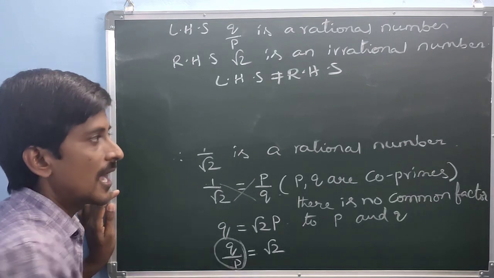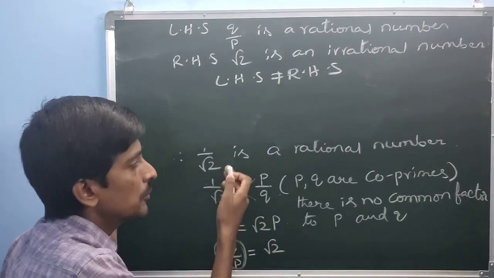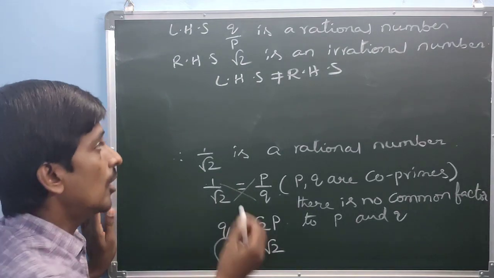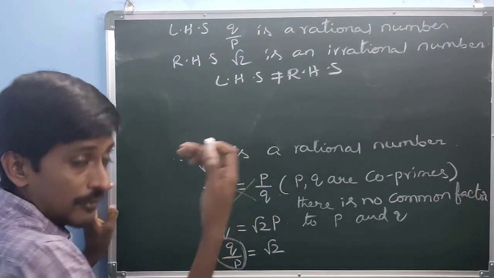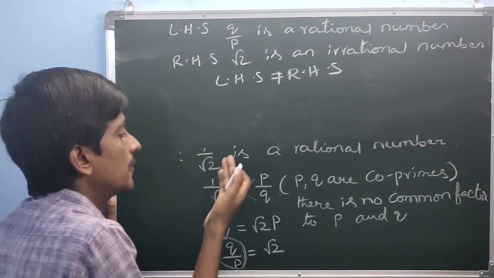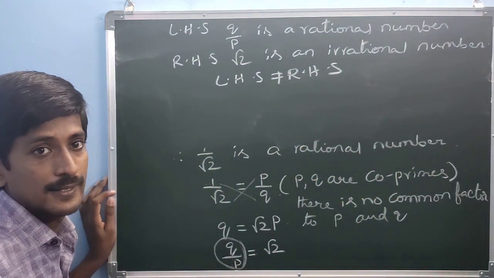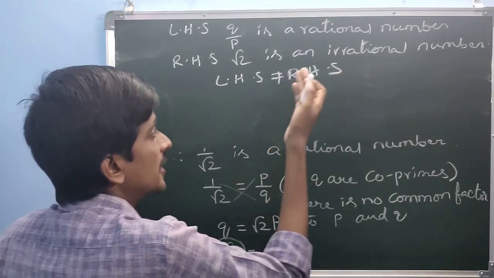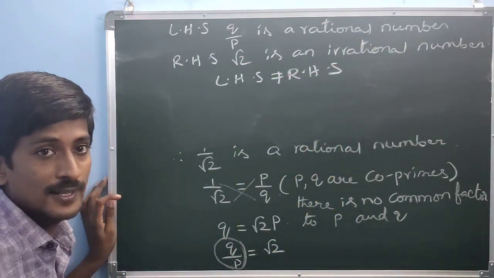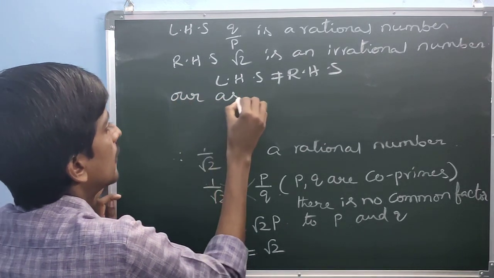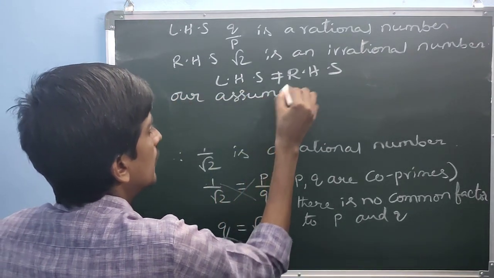Why did this come? Because we took 1 by root 2 as a rational number. So our assumption is wrong. We assumed 1 by root 2 is a rational number, and LHS not equals RHS came, so our assumption is wrong.